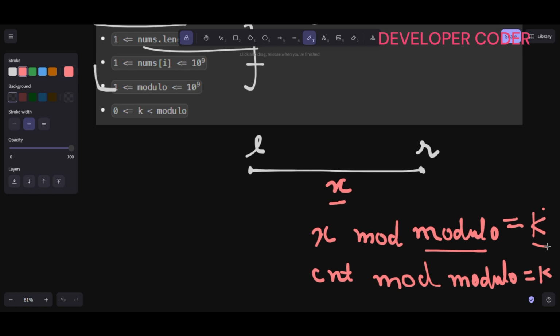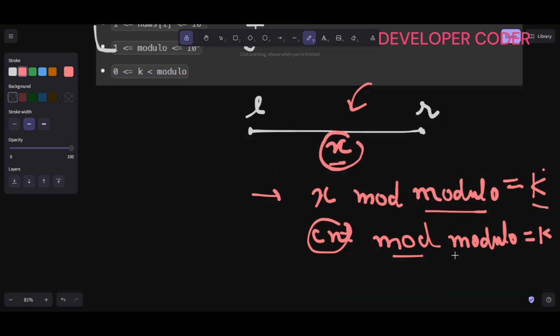Suppose there are elements x in the subarray nums[L..R] that satisfy x mod modulo equal to k, and they appear count number of times. Now this is an interesting array if and only if count modulo modulo gives a value equal to k. This is what we need to do.